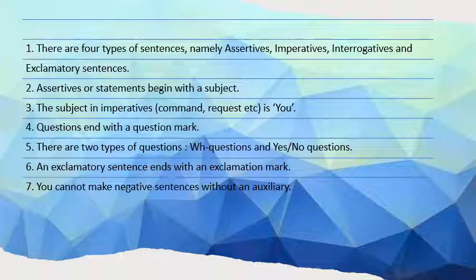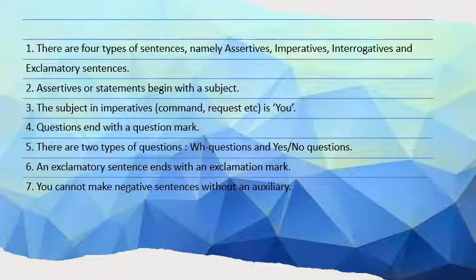There are 4 types of sentences, namely assertive, imperative, interrogative, and exclamatory sentences. You already know this. Assertive sentences or declarative sentences are statements and they begin with a subject. The subject in imperative sentences, commands or requests, is you. For example, shut the door means you shut the door.